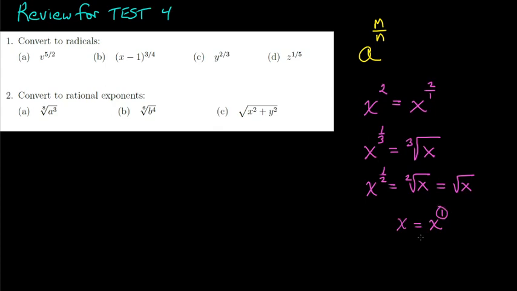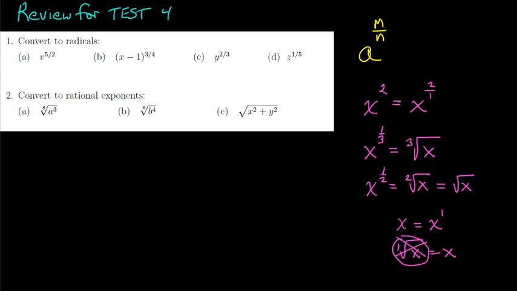We're just assuming it's a 1. So in the same way here, when you don't see an index, we're assuming it's a 2 and not a 1, because the first root of x would also just be x. So in that case, there's no reason to write a radical at all.